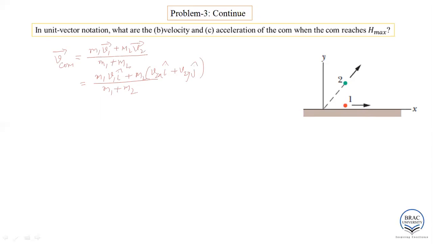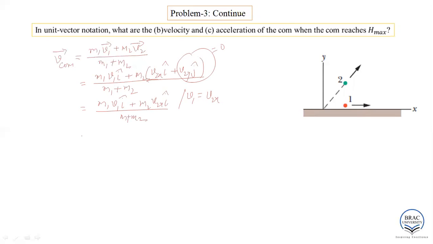The thing is, when the particle 2 is at its maximum height, then the second quantity will become 0. Okay, so we have only this m1 v1 i plus m2 v2x i, but this v1 is equal to v2x. Okay, so here divided by m1 plus m2.